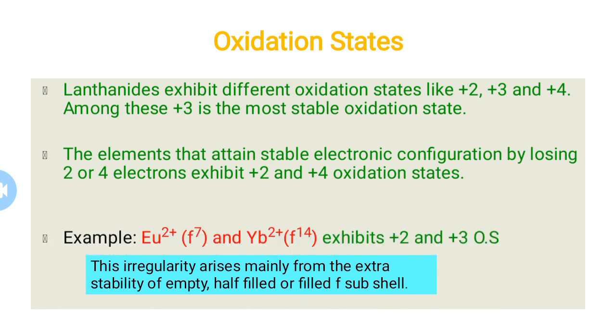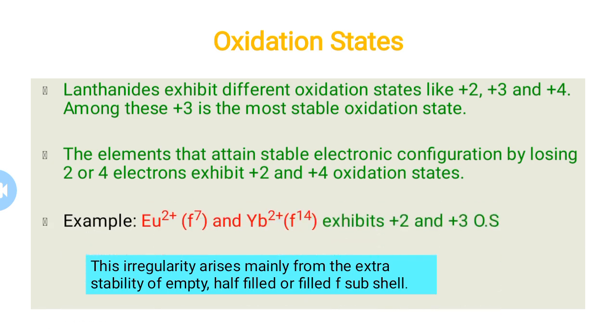Europium 2+ loses 2 electrons from the outermost shell to form f7, which is half filled. Stability depends on the half filled configuration. Second, ytterbium 2+ loses 2 electrons from the outermost shell, and the f orbital contains 14 electrons. It is completely filled.